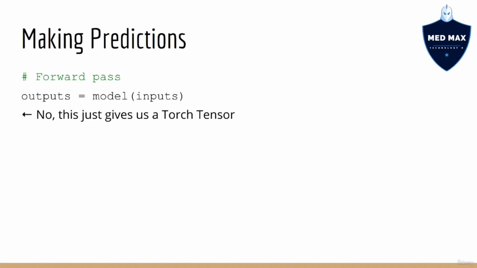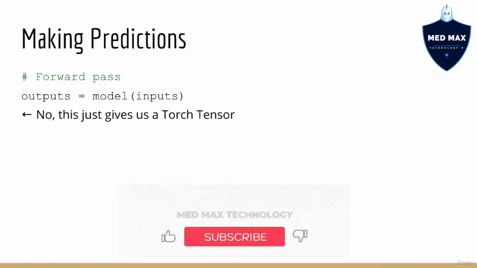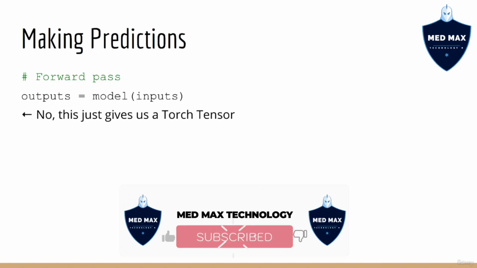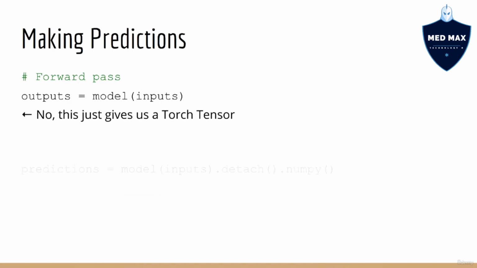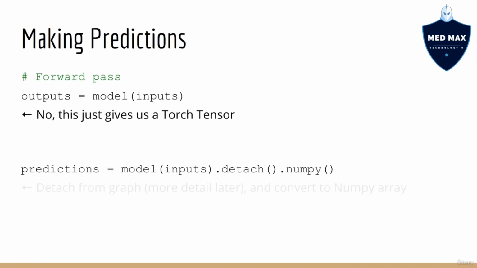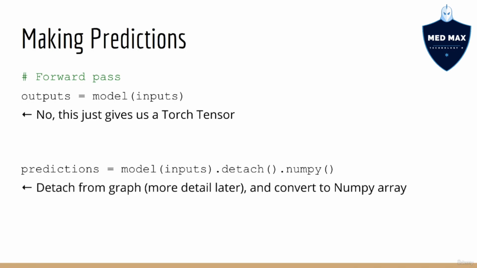Therefore, in addition to actually calculating the output, you'll also want to convert it back into a NumPy array. Normally, you can do this just using the NumPy function. However, PyTorch also does some stuff behind the scenes, where it creates a graph and keeps track of the gradients in the graph. Basically, you can just call the detach function before you call the NumPy function in order to detach that tensor from the graph.